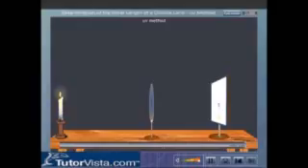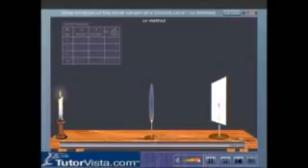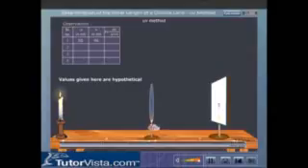Measure and record the distance between the lens and the object, and also the distance between the screen and the lens. Repeat the experiment by changing the position of the lens and then the screen until a sharp, well-defined image of the candle is formed on the screen.